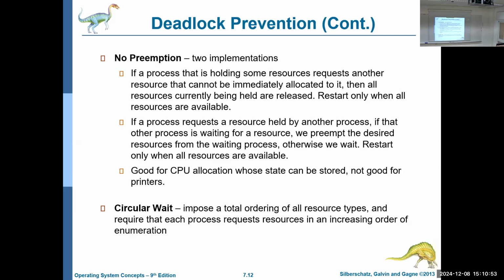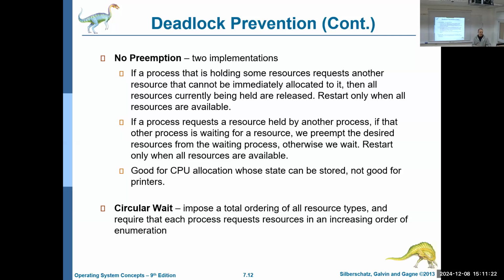This is good for CPU allocation whose state can be stored, not good for printers. Think about that. If I preempt the CPU, no problem. We'll store all the data in the CPU into the memory, all the registers that are in that CPU. He's got all this data, he's in the middle of a program. We'll take the CPU away from him, and we'll put all this data somewhere else. But if it was a printer, how could I preempt the printer?